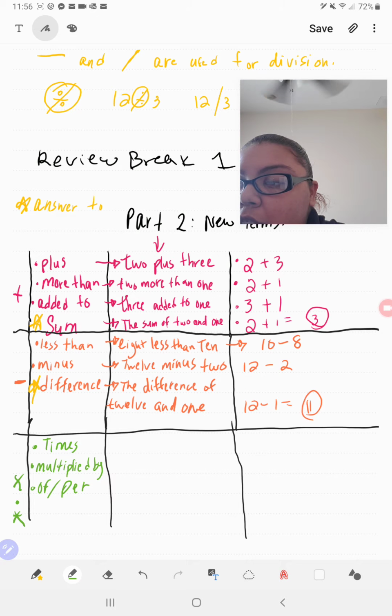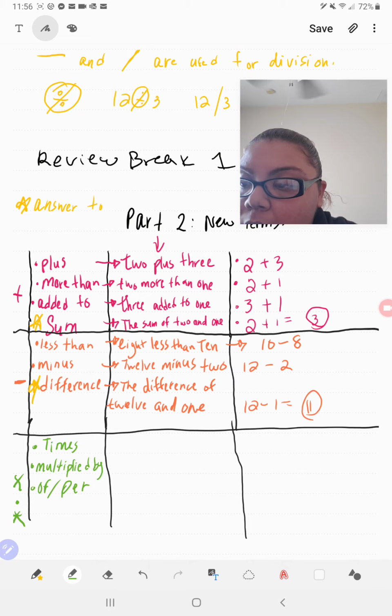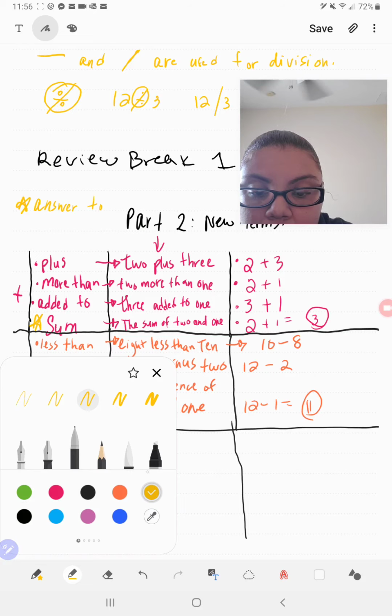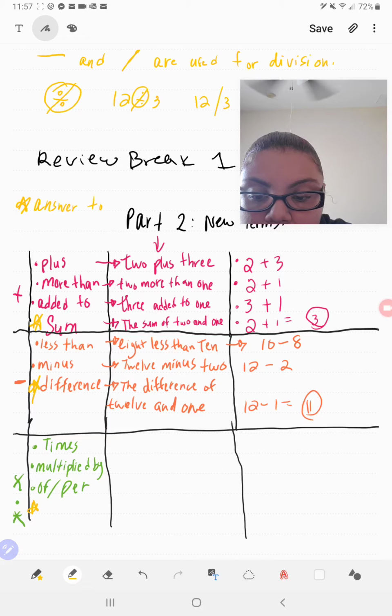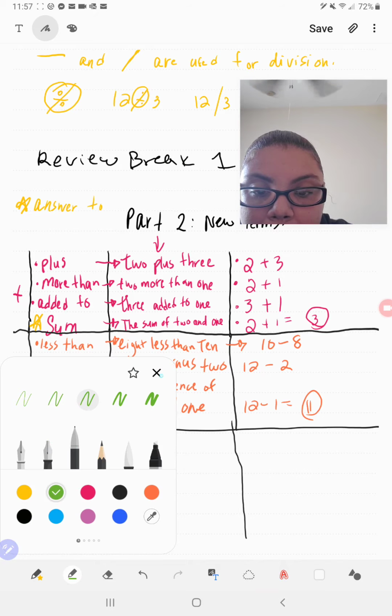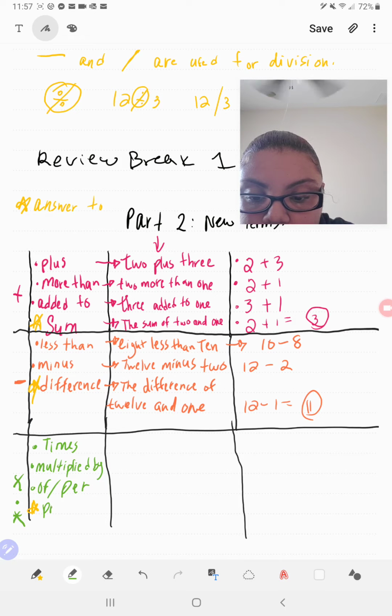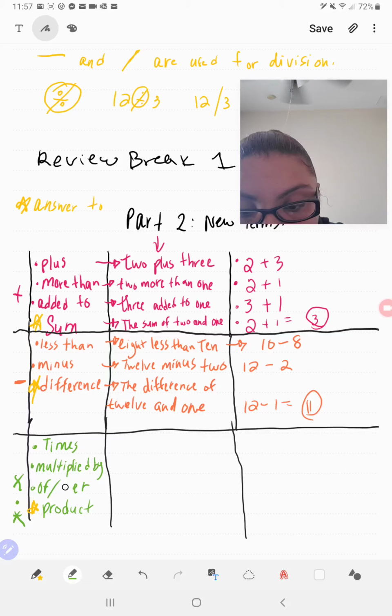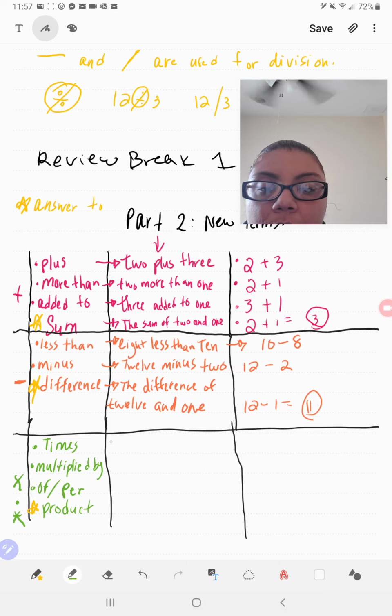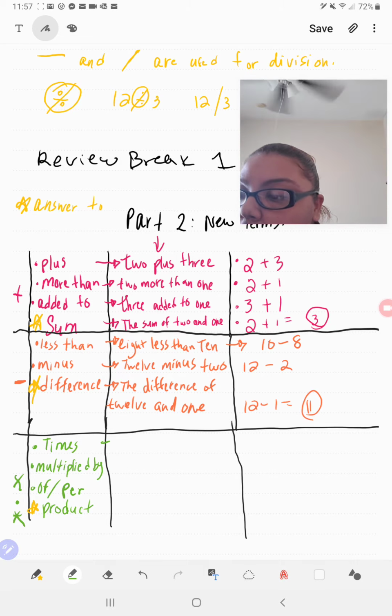That one has to do with fractions. And then we have, put a star, which is the answer. We have product. I'm sorry for my handwriting, guys.